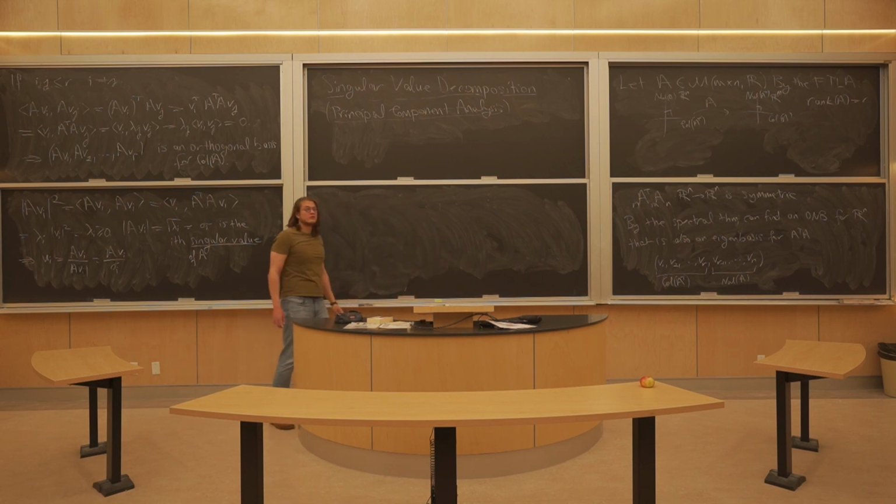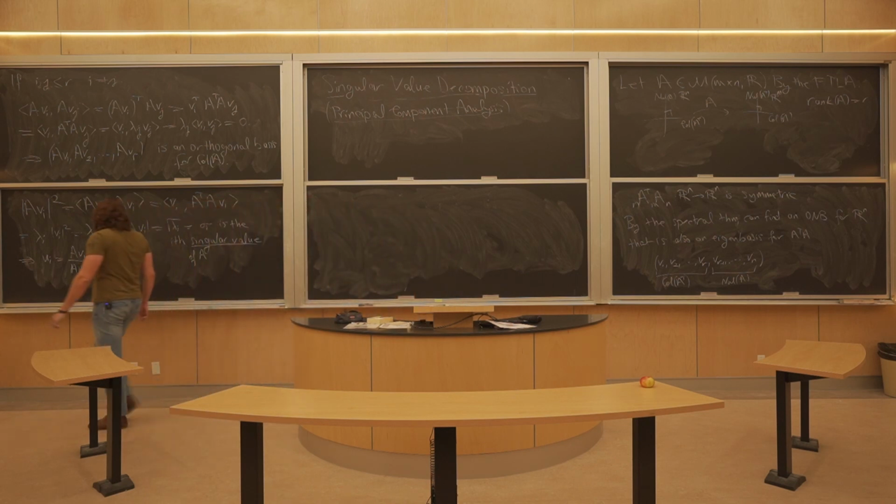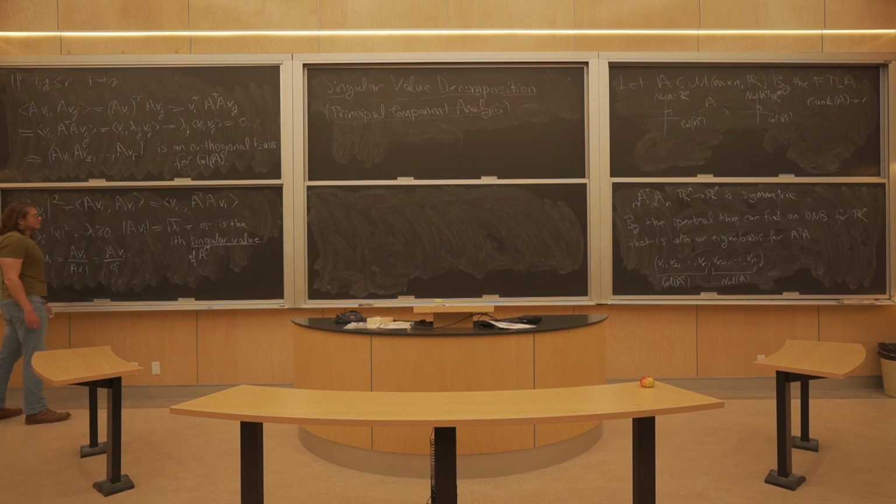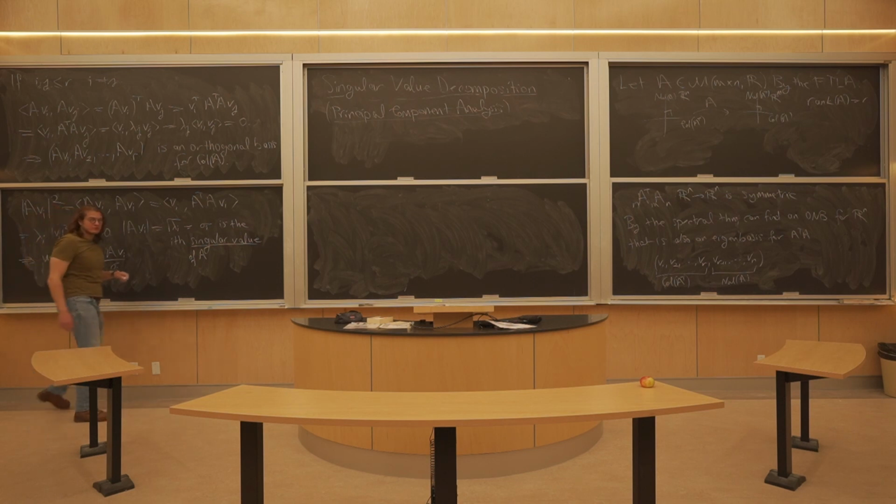Yes. How do you justify not taking the minus square root on the sigma I? I'm taking the positive one. So this is a positive or non-negative number. Okay, it has one positive square root and one negative one. I'm always taking the positive one. I'm saying that the singular values are going to be positive numbers for me, or non-negative numbers at the very least.